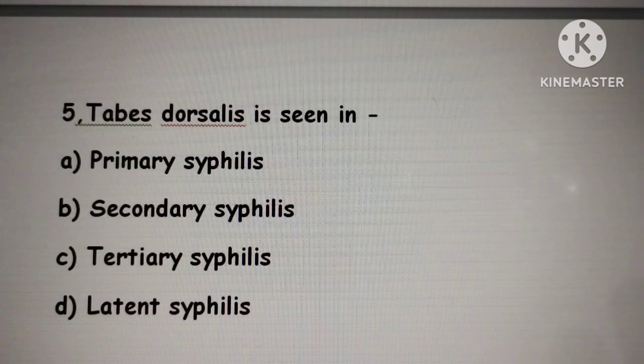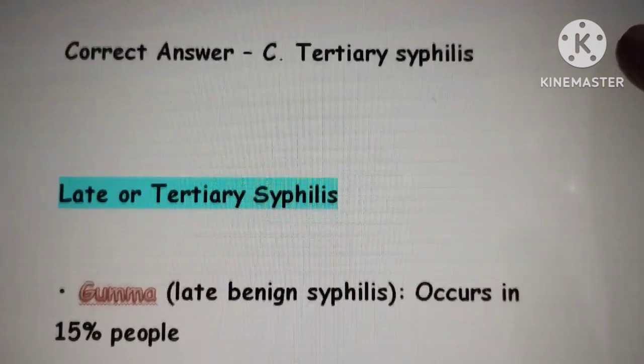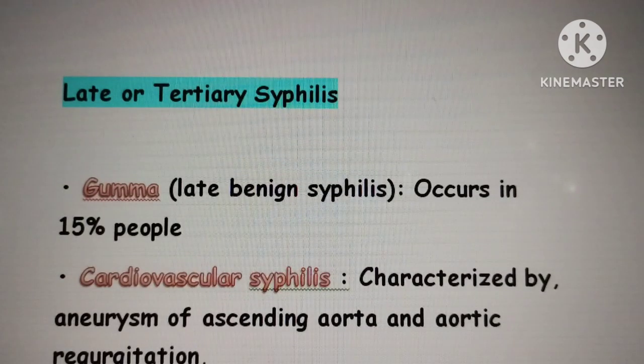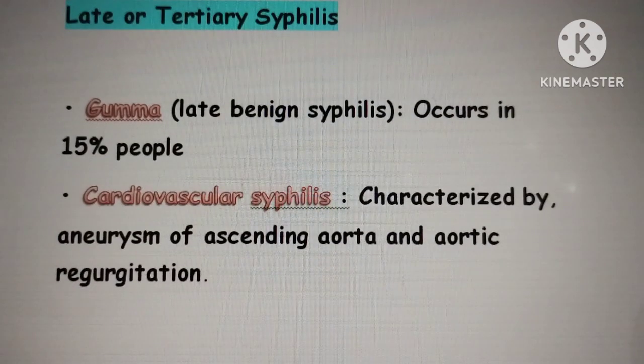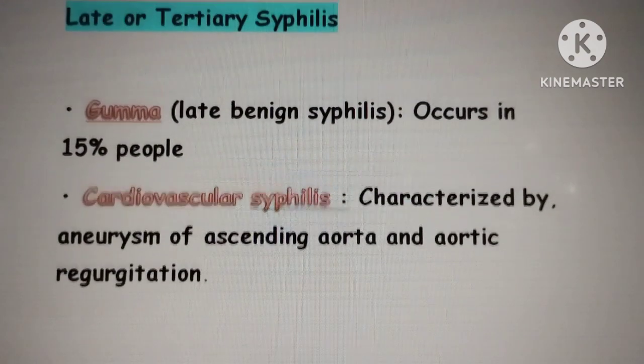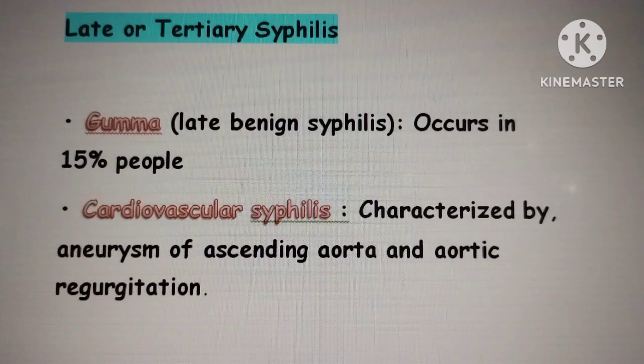Let me go through some points. In late or tertiary syphilis, gummas usually develop in only about 15% of people, and this is an important point. Cardiovascular syphilis is characterized by aneurysm of the ascending aorta and aortic regurgitation. This can be asked separately as an MCQ, so remember it.